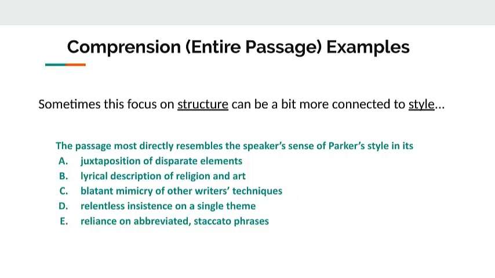Sometimes the questions will focus or be connected to style. So in this example, it says the passage most directly resembles the speaker's sense of Parker's style in its, and then we get at some of the strategies.